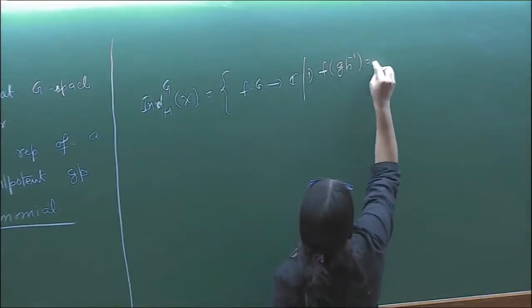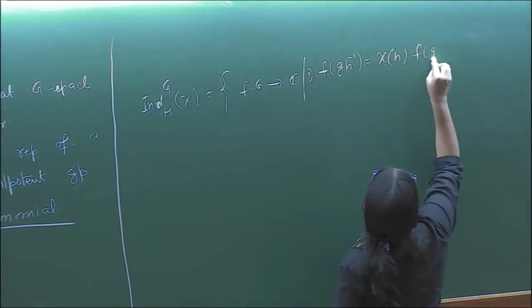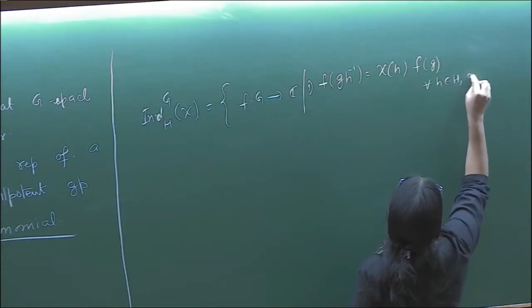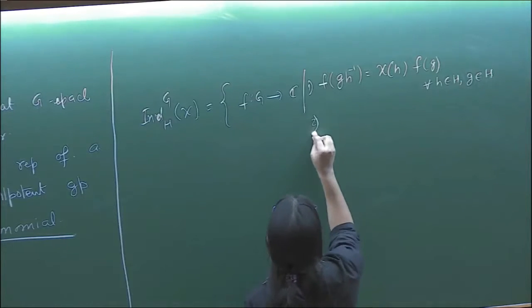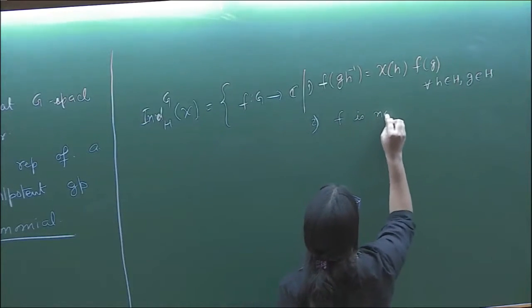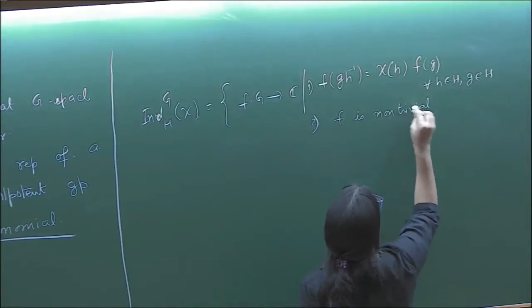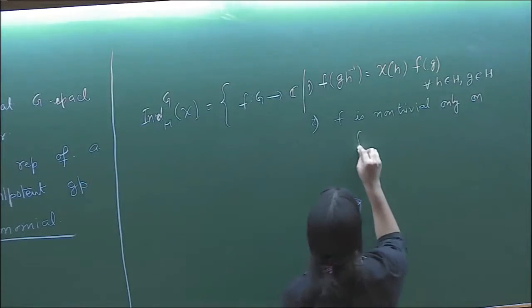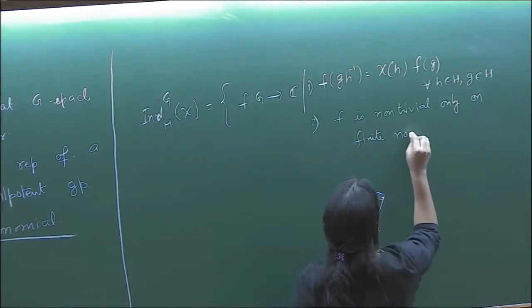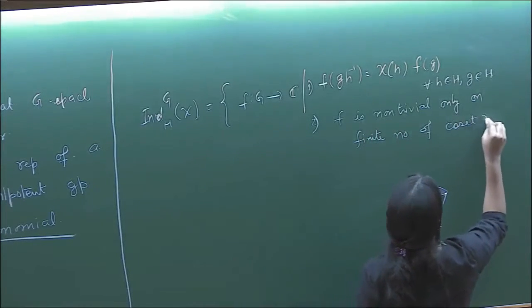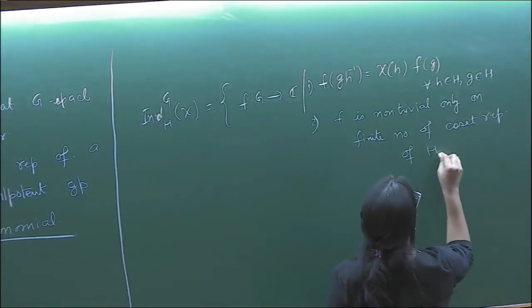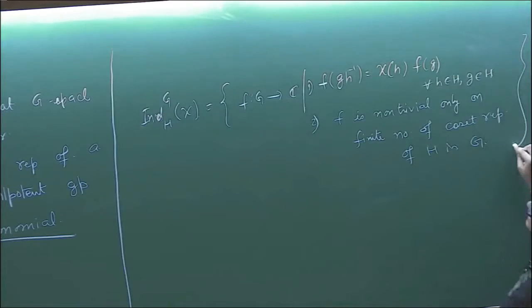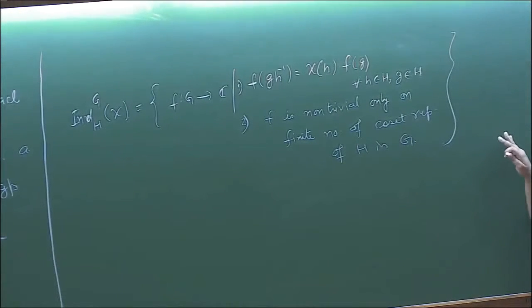One is f of g h inverse is chi h f g for all h in H, g in G. And the second is that f is non-trivial only on a finite number of coset representatives of H in G. This is the analog of compact induction for this discrete setting. I'm looking at functions which are non-trivial only on a finite number of coset representatives. That's what I call the induced representation.